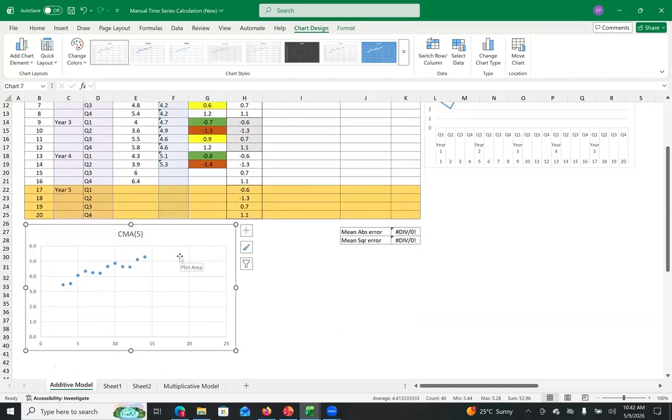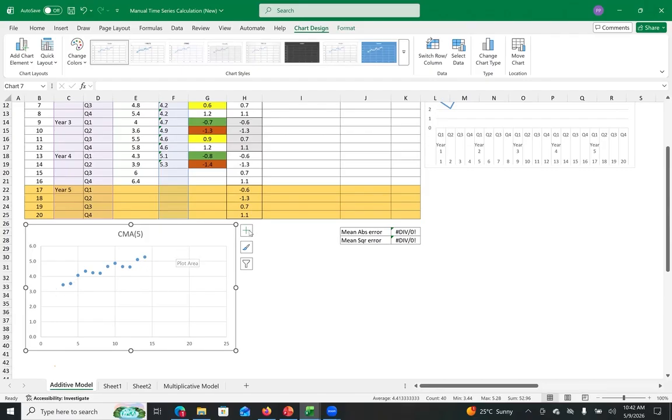What is the best way to do that? Regression, right? This is a classical problem of regression. In regression also you have some data points and you try to fit a line through it.